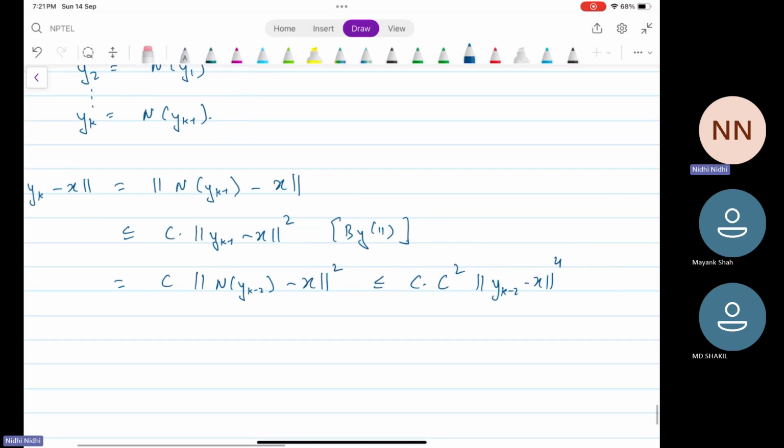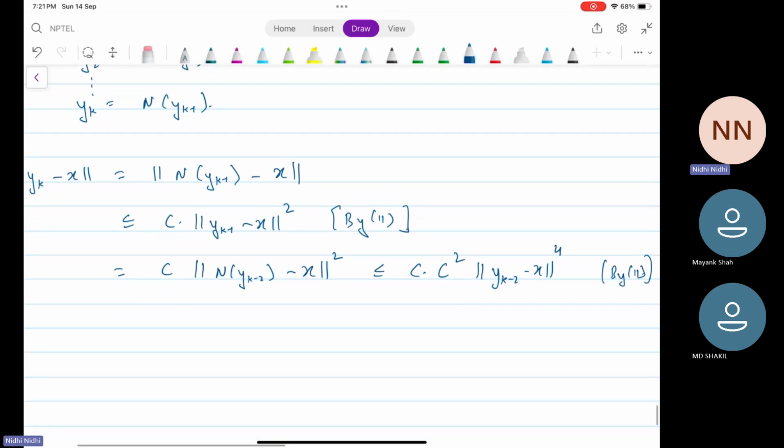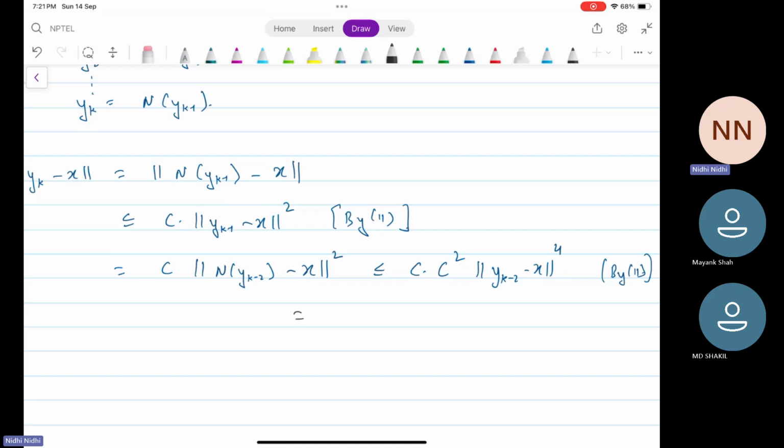Yeah, so we can write this as c to the power 3, and 3 can be written as 4 minus 1, times norm yk minus 2 minus x to the power 4. You'll see why I took it this way.